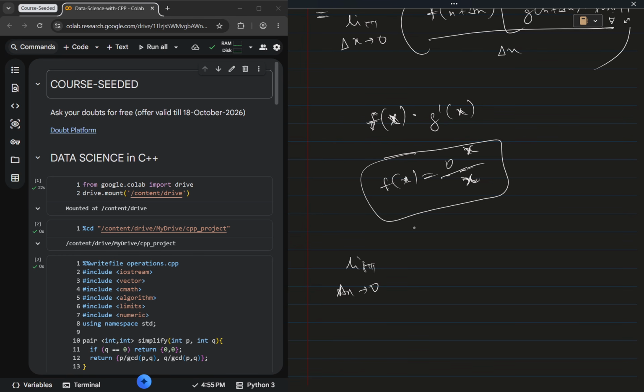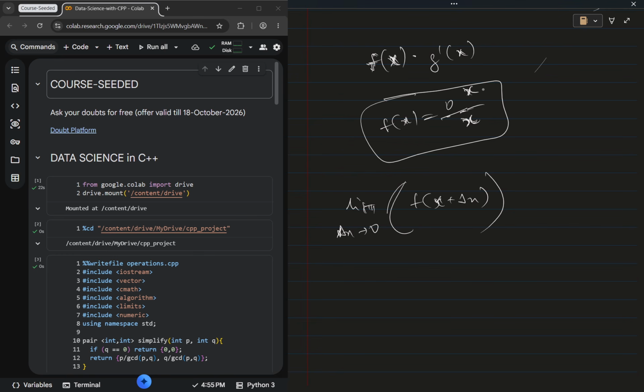Let's make it 0 again. So we have delta x tending to 0, then we have our f(x + delta x), divided by nothing, because that division will go over here, so we don't have to worry about that. So let's say x plus delta x, basically 0. Okay, so I actually took this wrong.